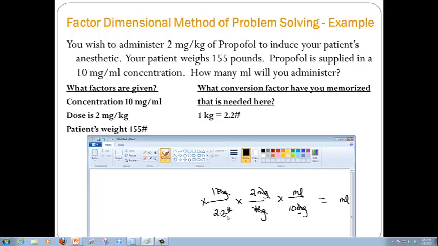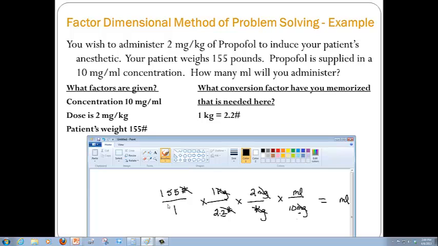I have pounds now that I need to get rid of. How am I going to get rid of the pounds? I'm going to go and pull down the patient's weight. We know that the patient weighs 155 pounds. I can cancel pounds in the numerator and pounds in the denominator. This factor, saying 155 pounds in the numerator, is the same as saying 155 over 1.